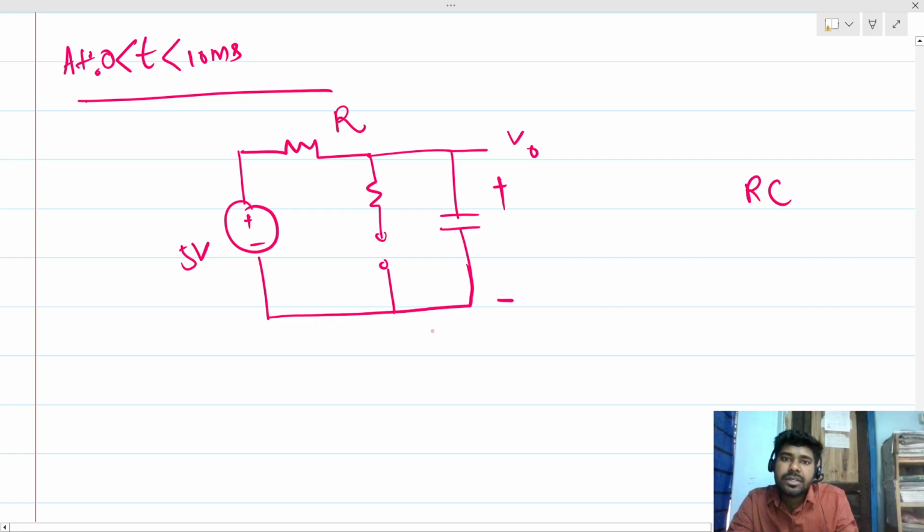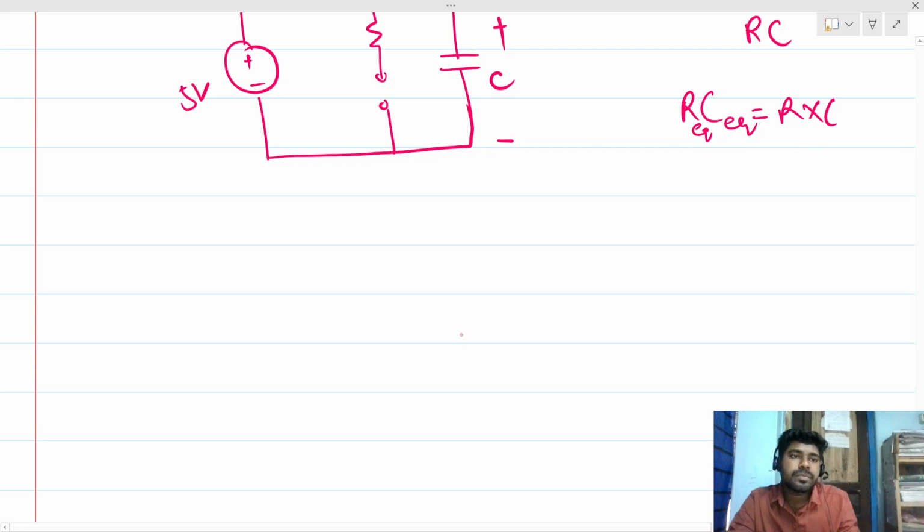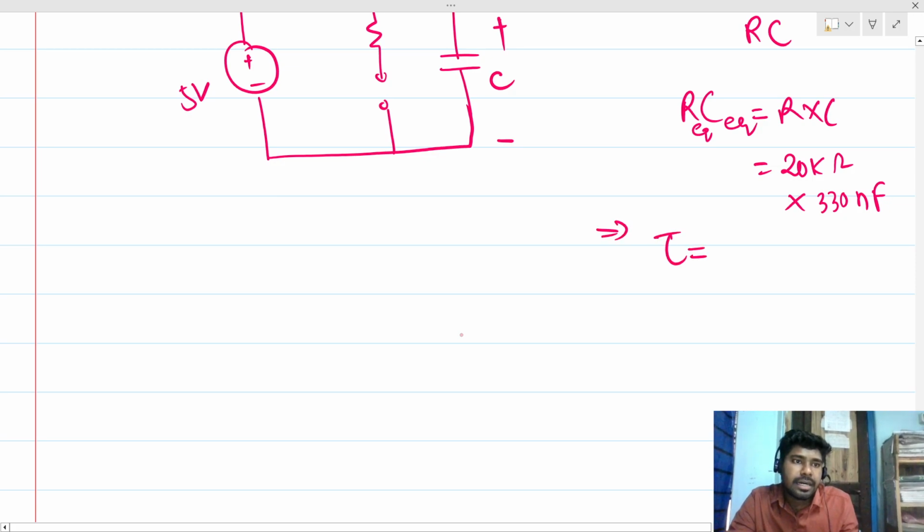So what is the time constant of the circuit? R equivalent times C equivalent is nothing but this R into C. Here the R is 20 kilo ohm and the C is 330 nanofarad. So the time constant here is 6.6 millisecond.